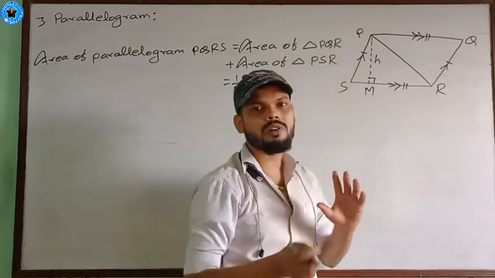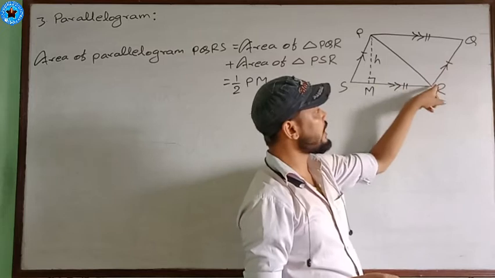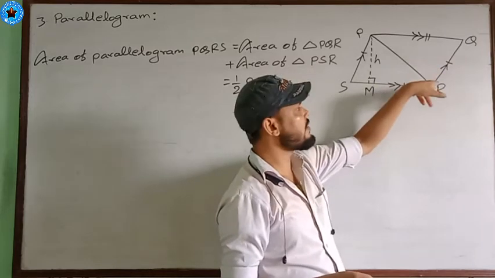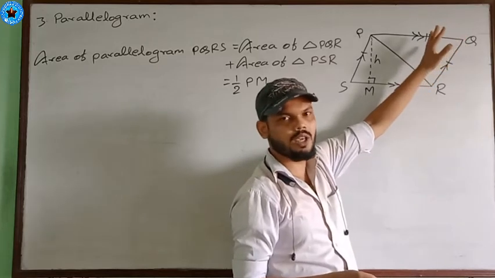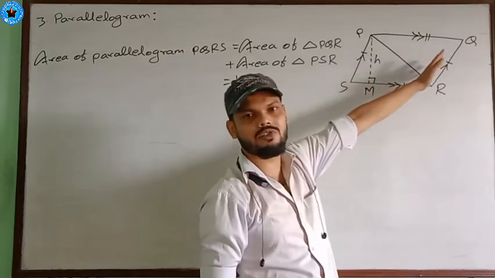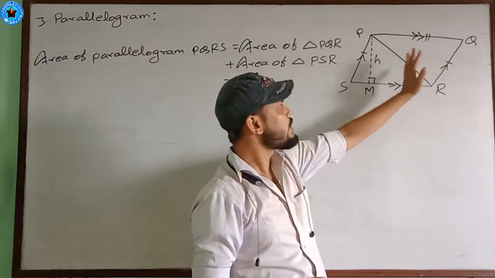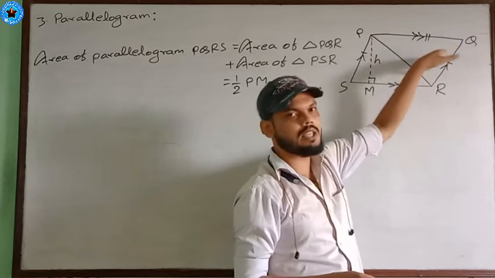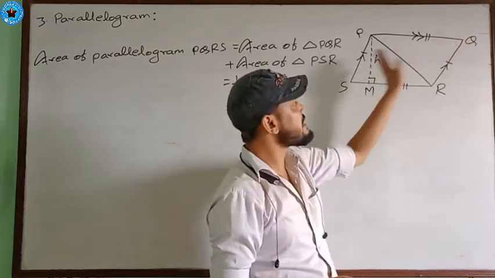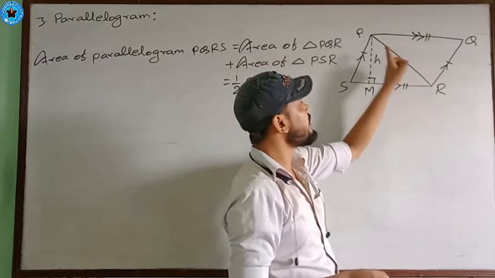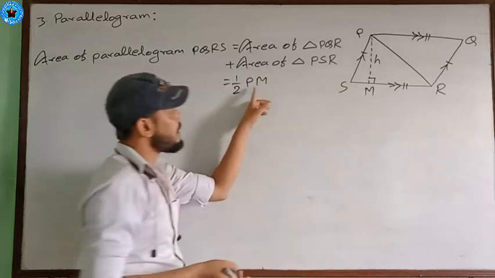Don't be confused and think that from R, if we draw like this, the name will be R and something else. I can write the same name for this triangle also, because they have the same height. So I have directly written half PM for this triangle also.